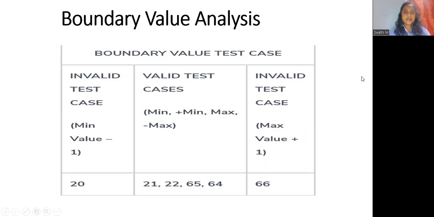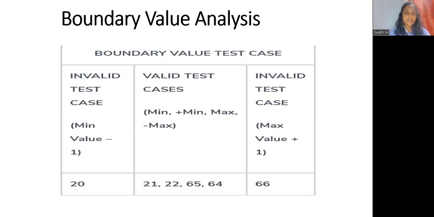I've shown you an example of boundary value test cases. Let us consider an age value from 21 to 65. Here the minimum value should be 21 and the maximum value should be 65.